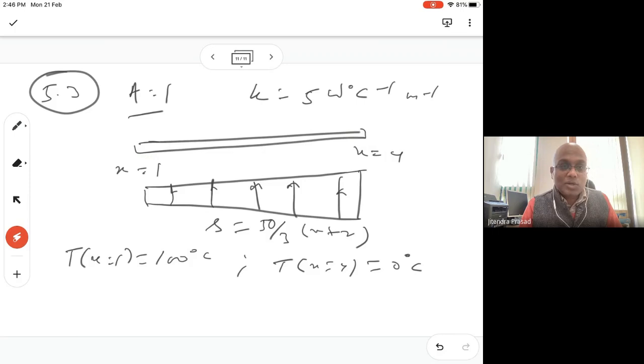Divide the bar into 2 elements. If you had to find the temperature in the middle, then you would have to invert.